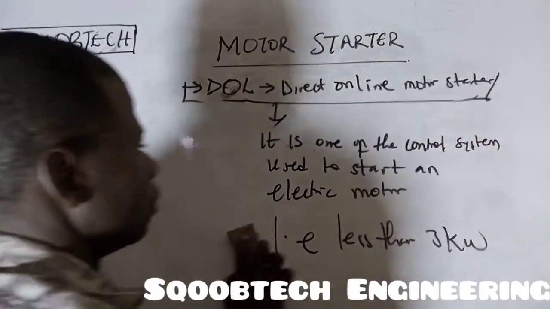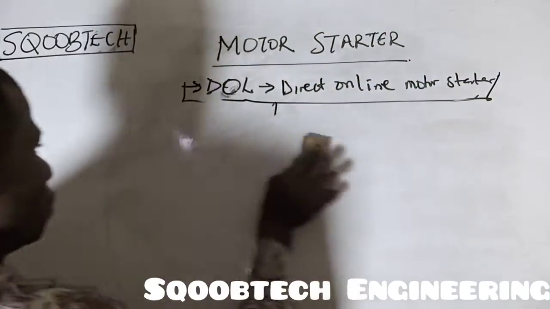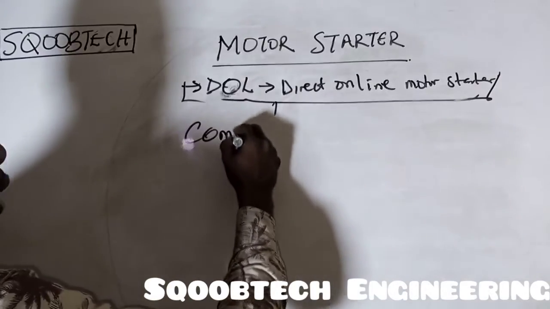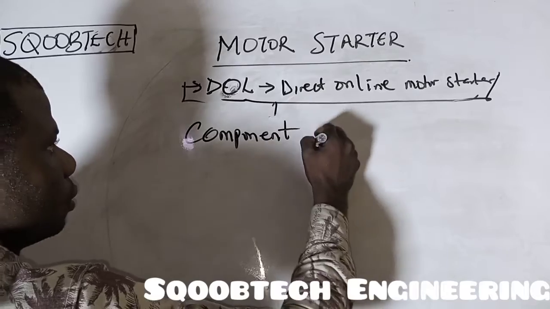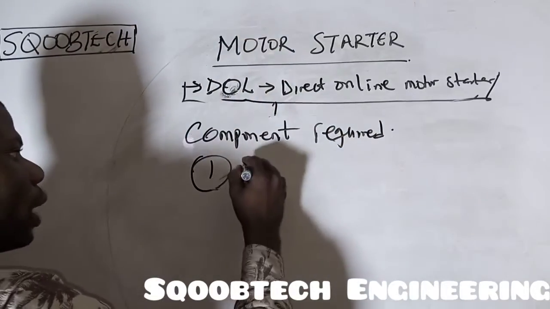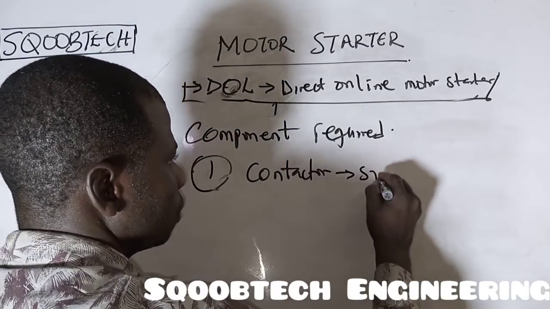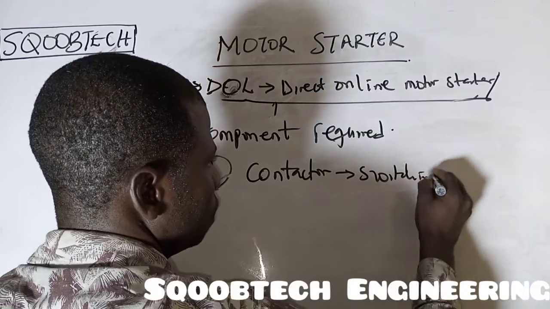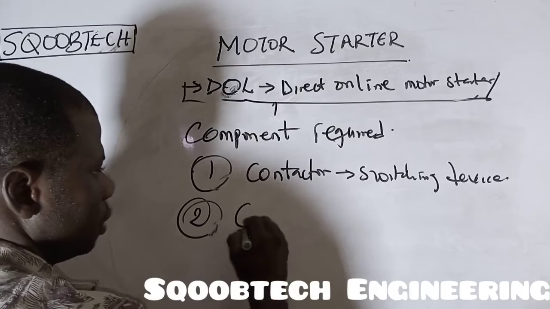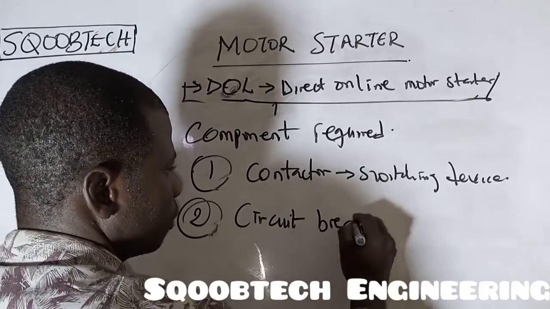Now, I will explain the components required. I'm going to list the components required for the direct online motor starter. The first component is your contactor, which is a switching device. The second component is a circuit breaker.